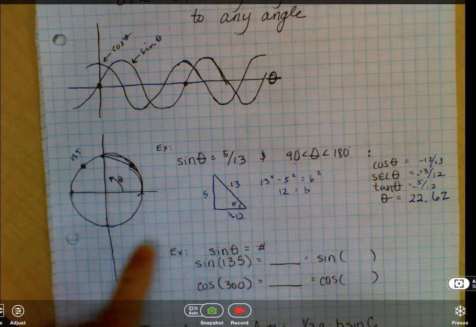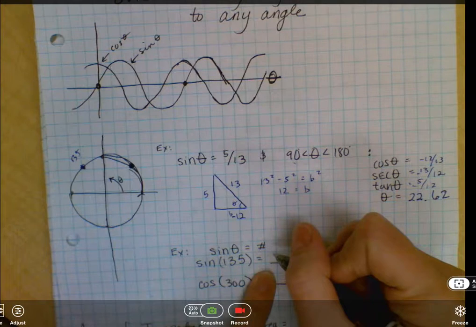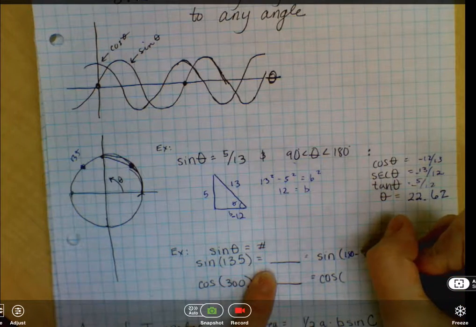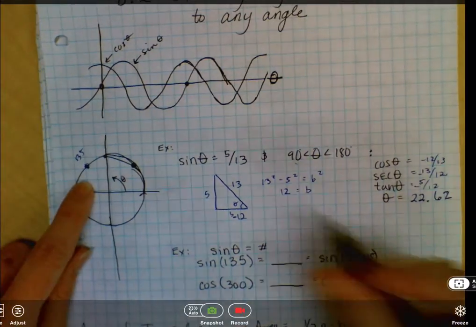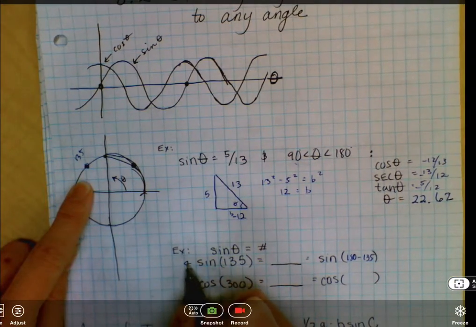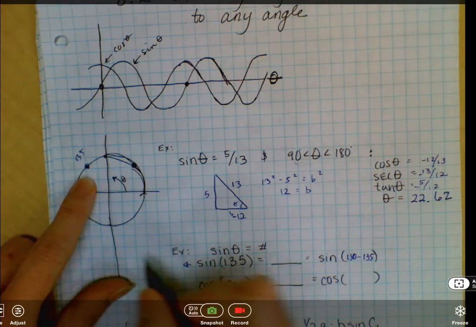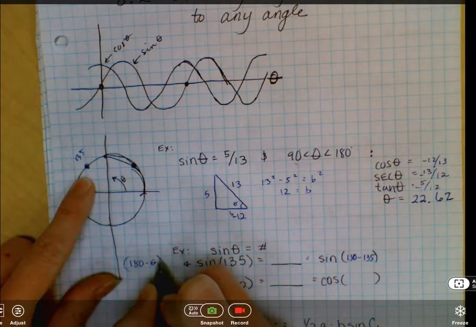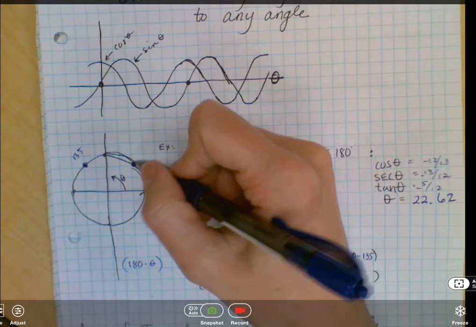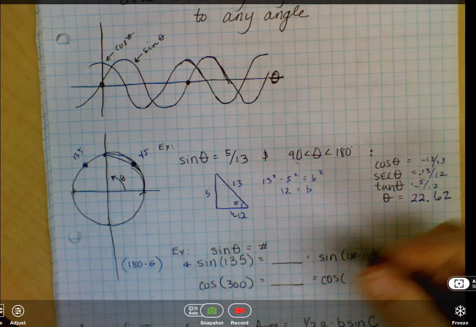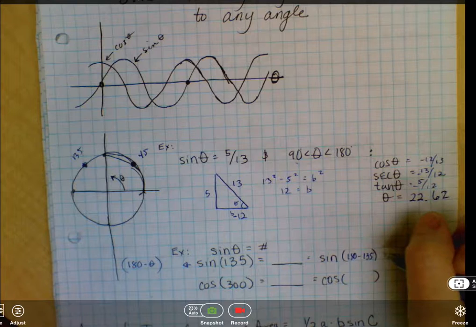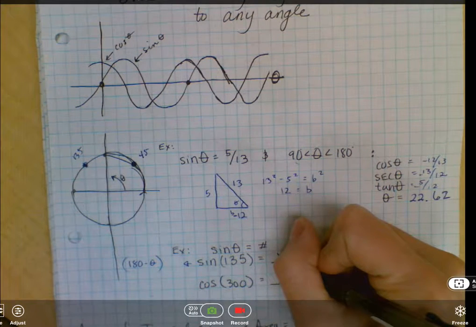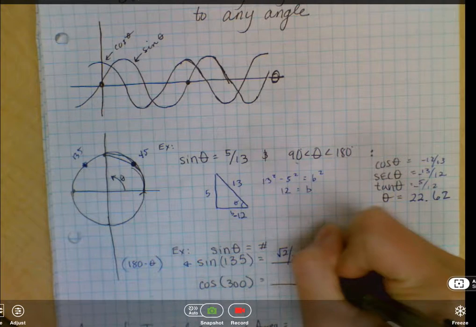So it's going to be the sine of 180 minus 135. So whenever I'm talking about sine, I'm going to be 180 degrees minus the theta I'm interested in. So the sine of 45 is √2/2. So those two things will be equal.